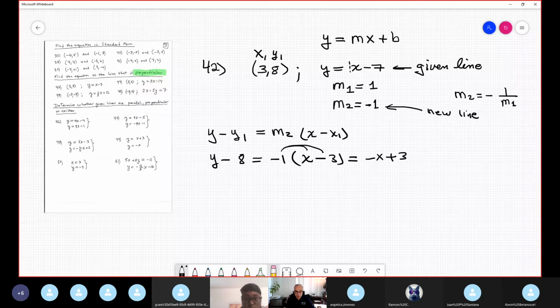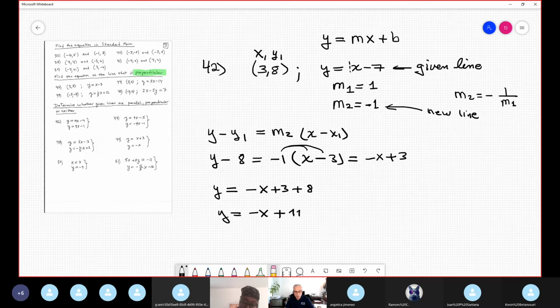Okay, in slope-intercept form, the thing you need to know is that you solve for y. So y alone, isolated. So y is equal to minus x plus 3 plus 8, because that 8 is negative on the left, I move it to the right and change the sign. So y is equal to minus x plus 11. Boom. This is the slope-intercept form.